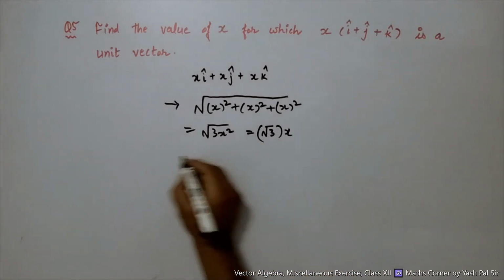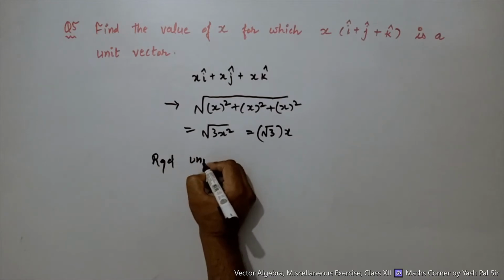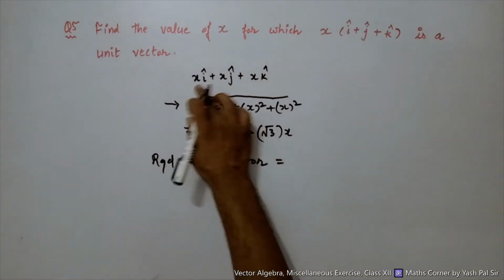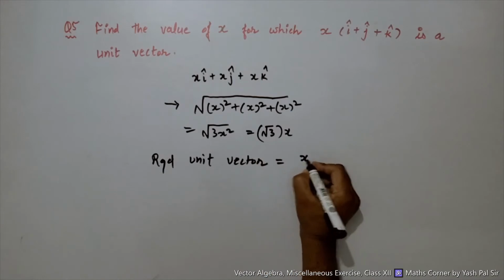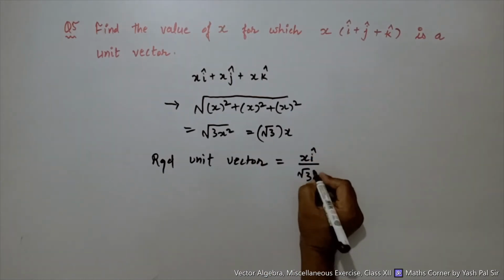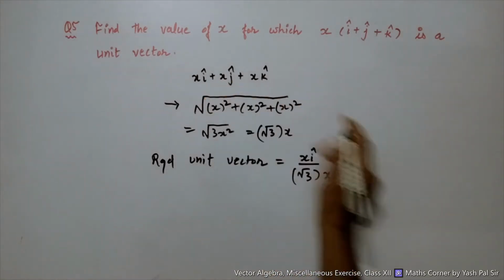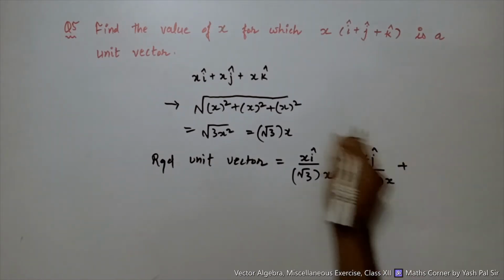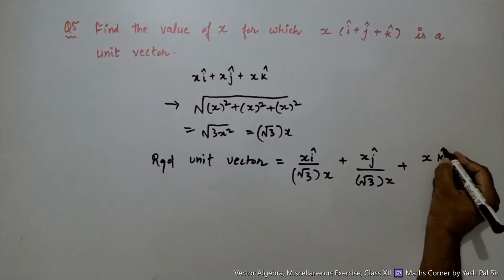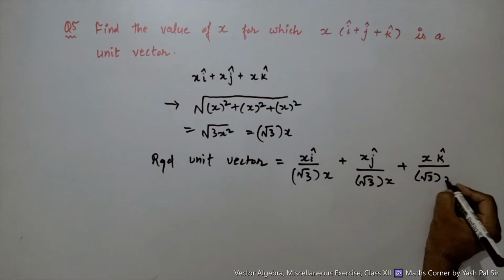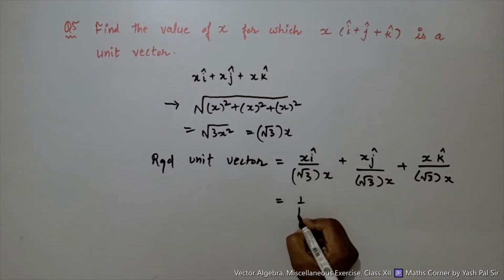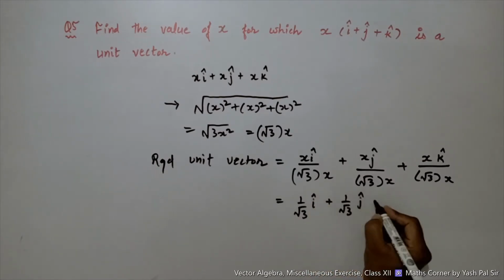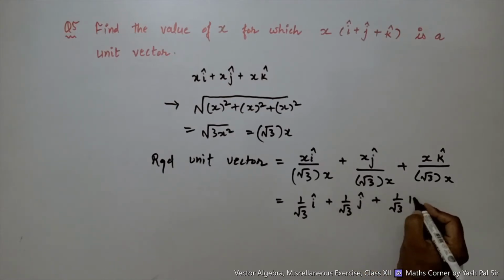So this way the required unit vector is equal to, we divide each component by this, that is xi divided by square root of 3 into x, plus xj divided by square root of 3x, plus xk divided by square root of 3x. x cancelled, so we have 1 upon square root of 3 i plus 1 upon square root of 3 j plus 1 upon square root of 3 k cap.